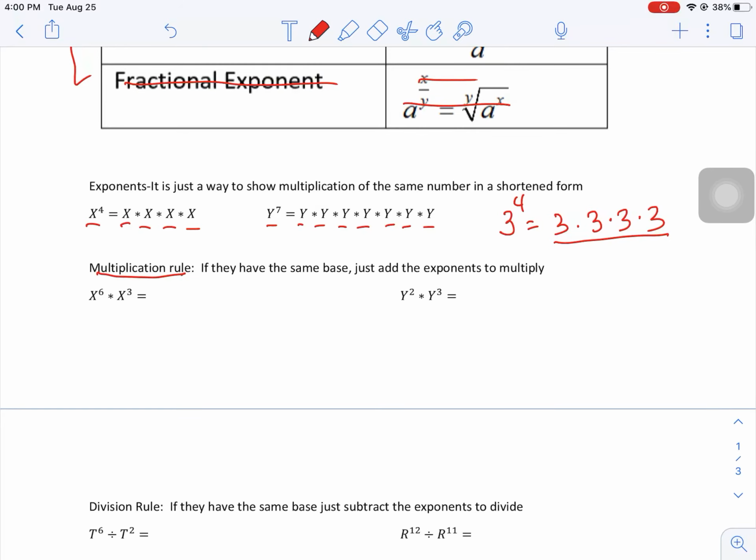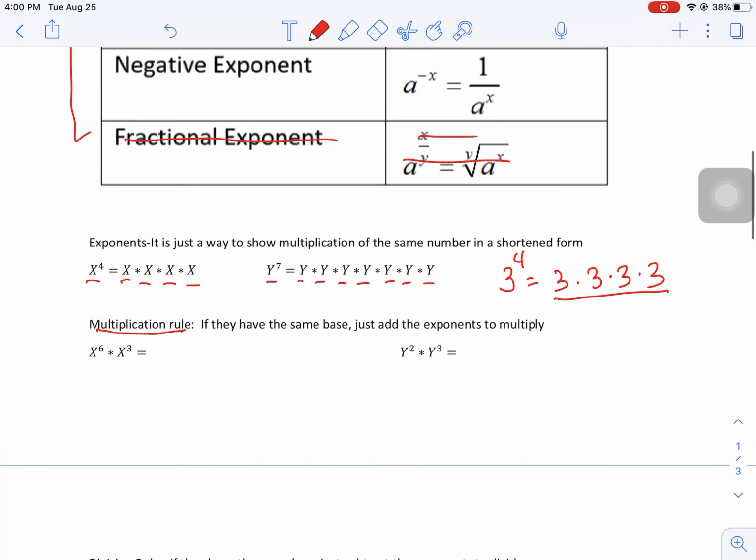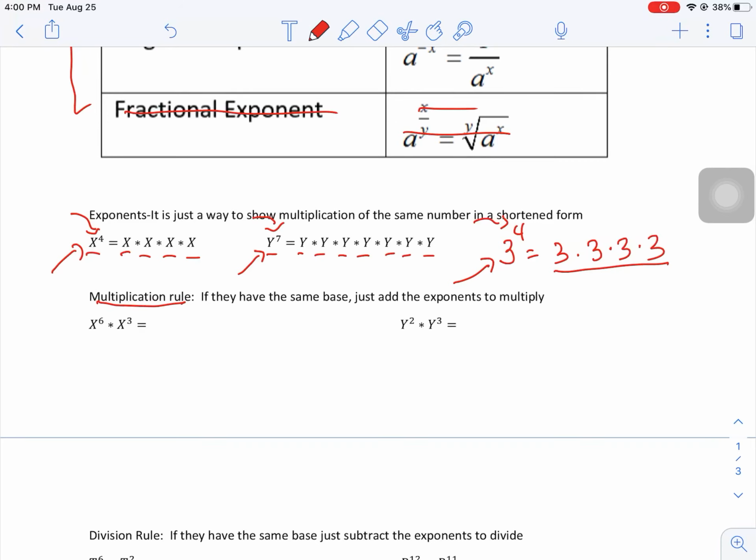So we have what's called a multiplication rule. Now remember, the x is the base, the 4 is the exponent. The y is the base, the 7 is the exponent. The 3 is the base here, the 4 is the exponent. So if you have the same base, so x to the 6th times x to the 3rd, same base and you're multiplying them, all you do is add the exponents.